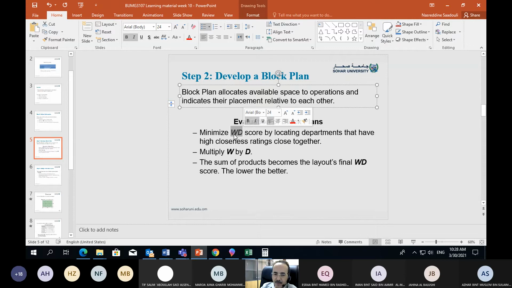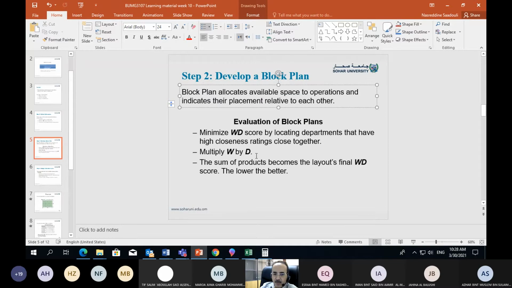Okay, and obviously by doing that, we're making sure that the departments that have a high weight closeness factor are allocated or are placed next to each other. Okay.